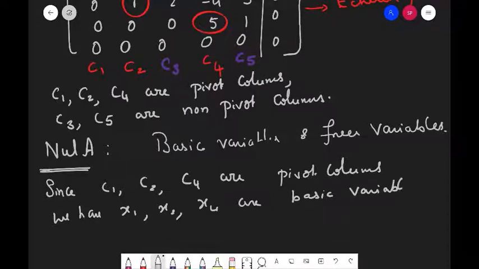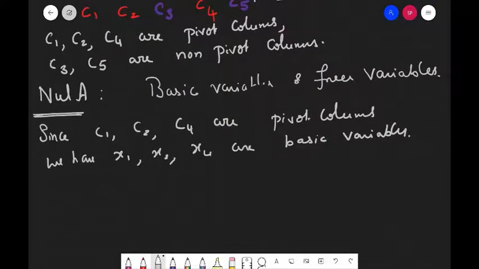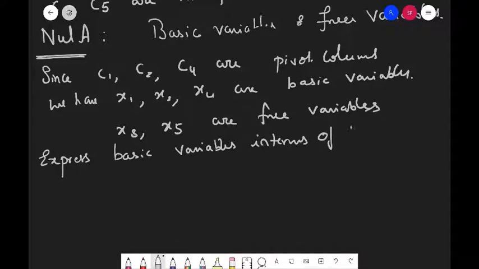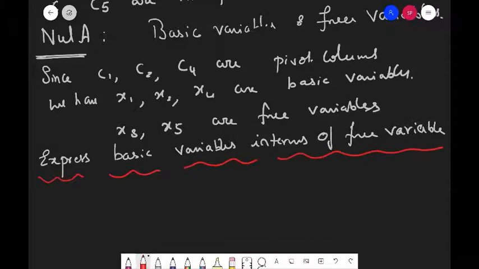And what are the free variables? x3 and x5 are free variables. So for null A, what you need to do is express the basic variables in terms of the free variables. That is what you have to do to find null A. So our first task is to express basic variables in terms of free variables.